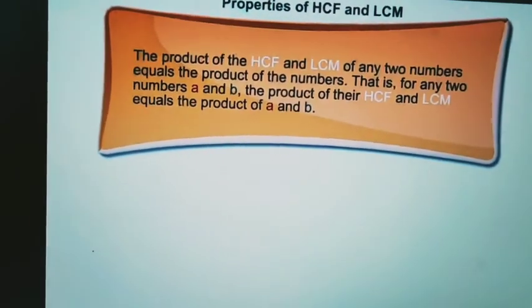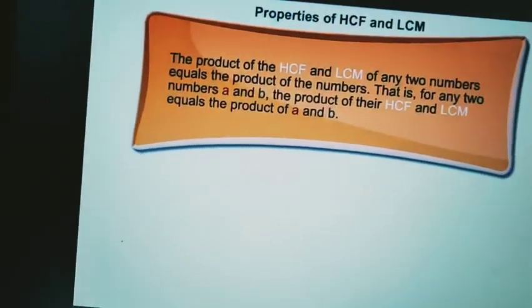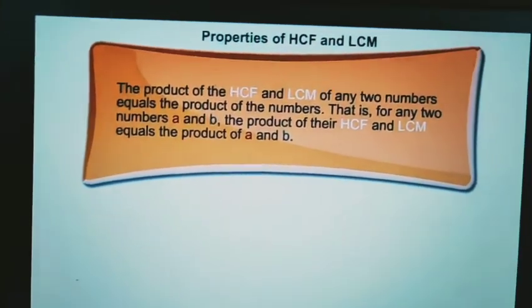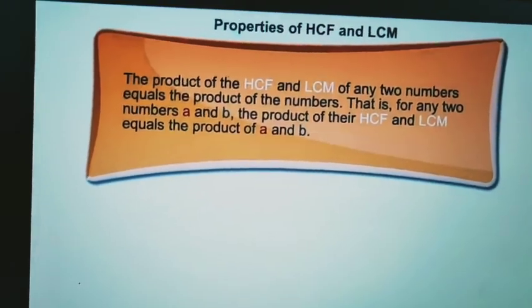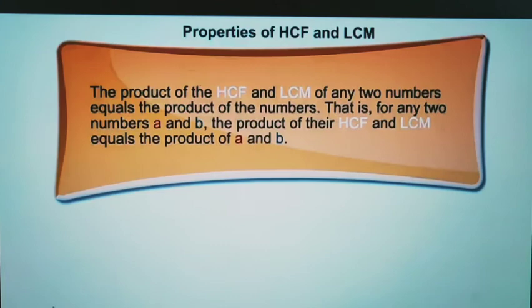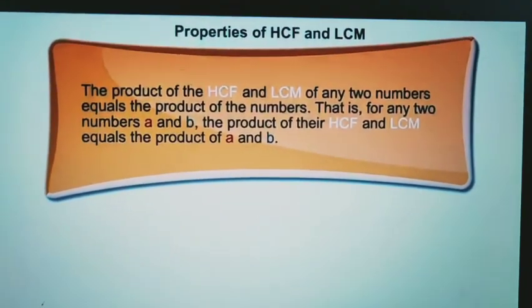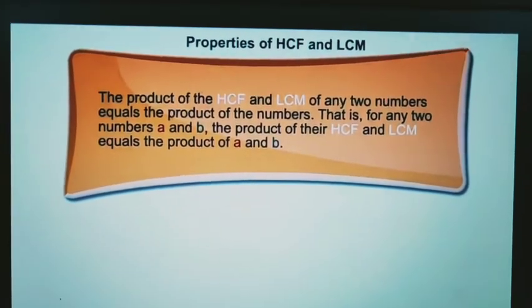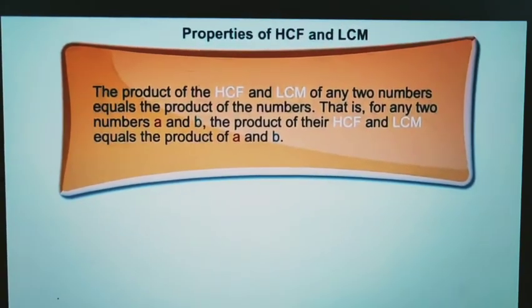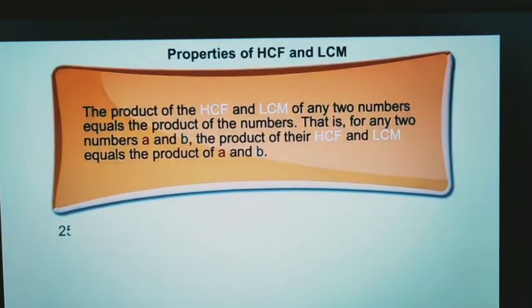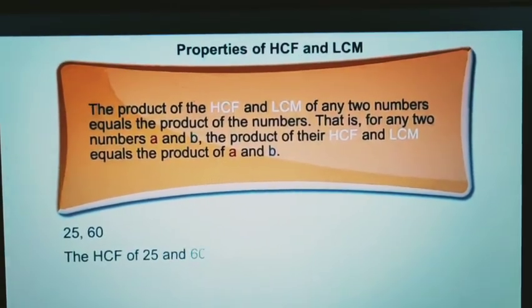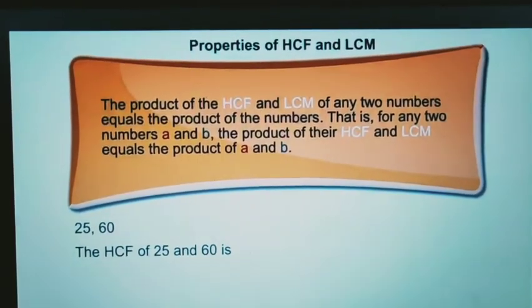The product of the HCF and LCM of any two numbers equals the product of the numbers. That is, for any two numbers A and B, the product of their HCF and LCM equals the product of A and B. Consider two numbers, 25 and 60. The HCF of 25 and 60 is 5.